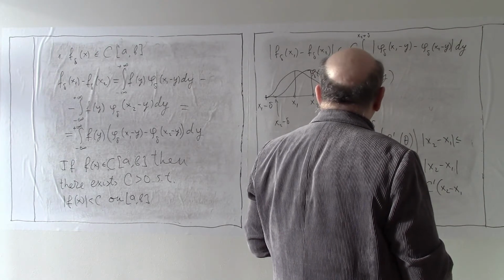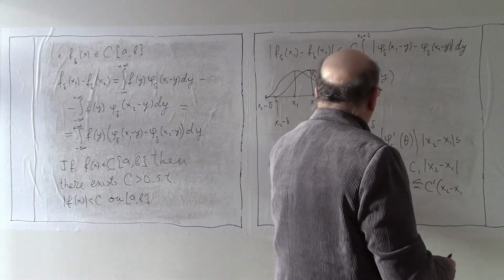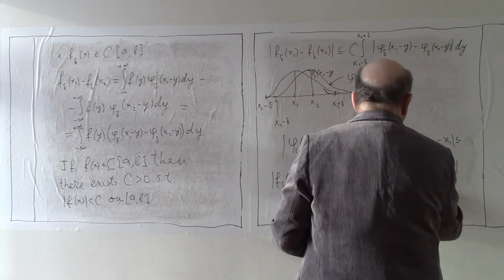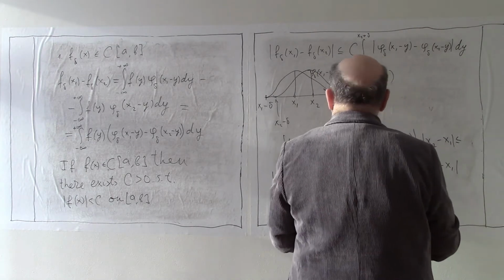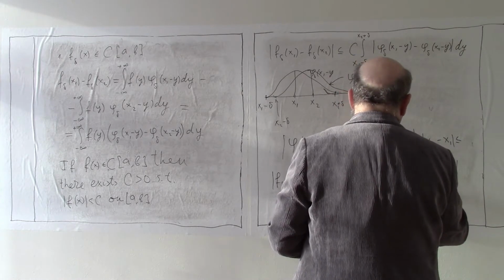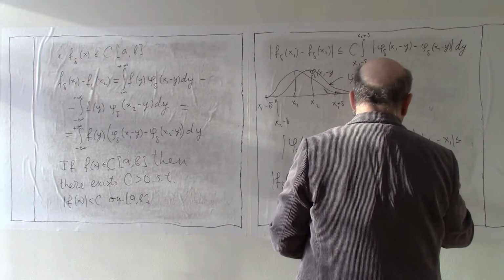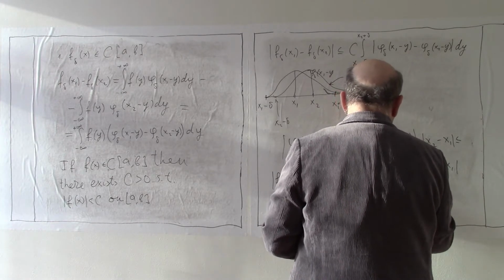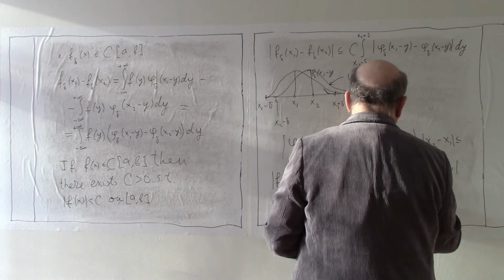Oh, one moment. It is the length of the interval. It is c1 times x2 minus x1, equals c prime x2 minus x1.